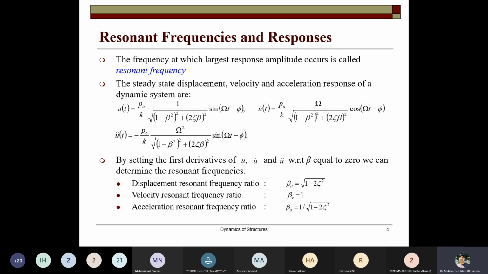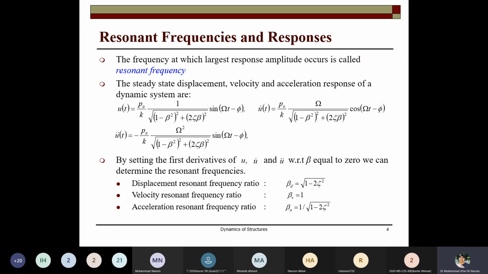The resonance frequency can be obtained for the damped system. So there are three frequencies.